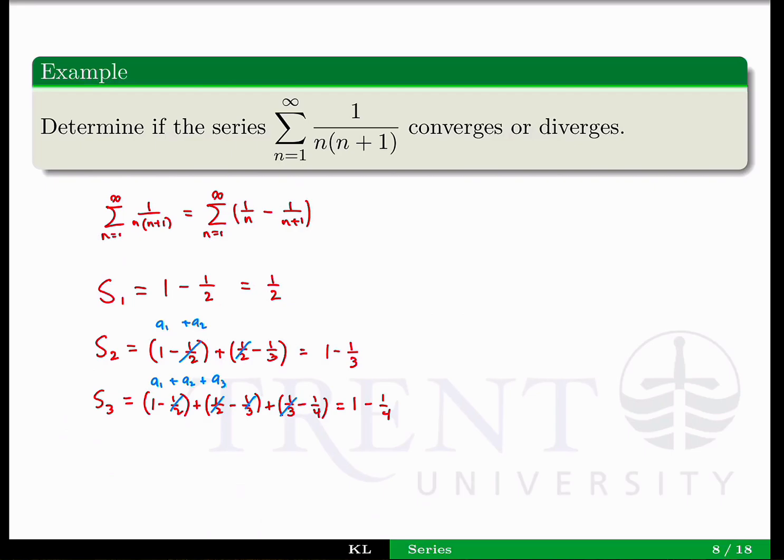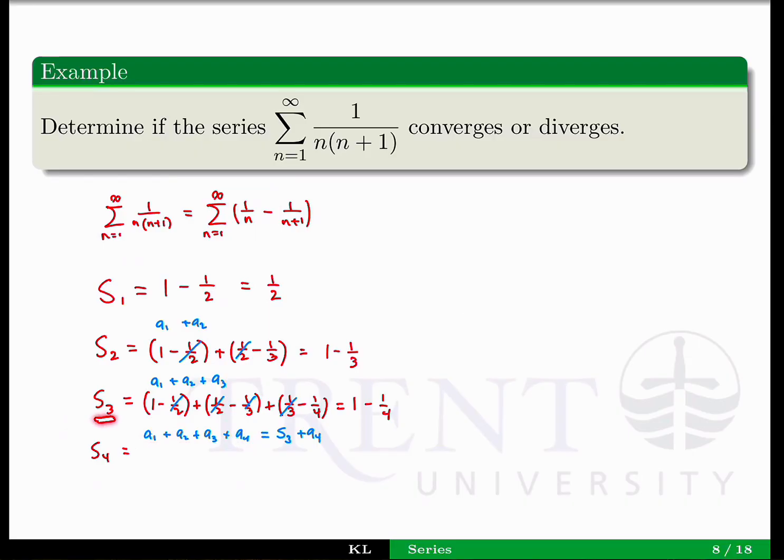Let's have another. S sub 4, this is A1 plus A2 plus A3 plus A4, but this is the same as S sub 3 plus A4. S sub 3 is precisely these numbers here. And then you add the fourth term.